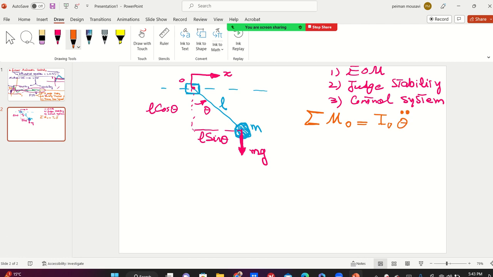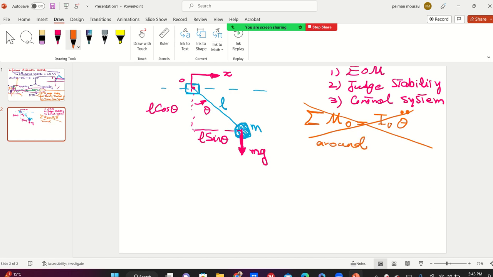Yes or no? Obviously no. I taught this in the previous vibration class a million times. You can apply the moment equation around where, guys? Anyone remember?